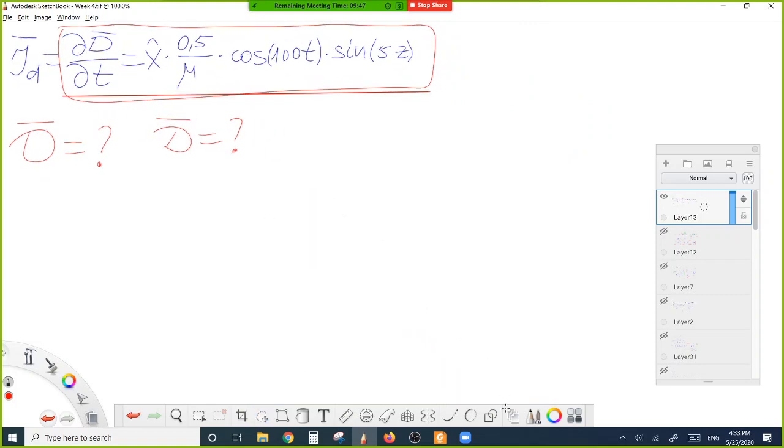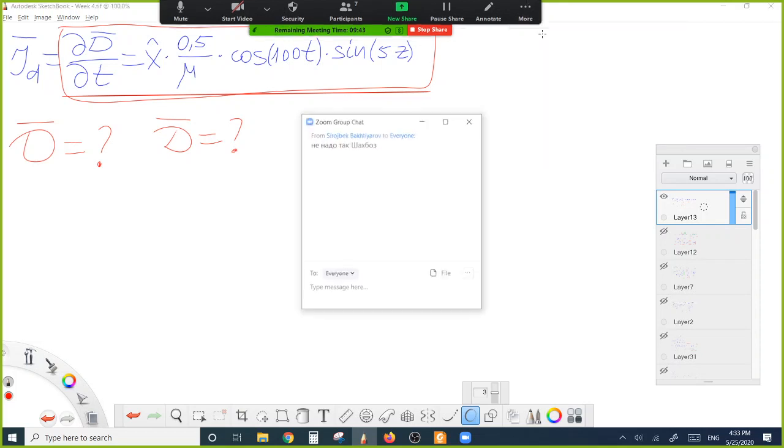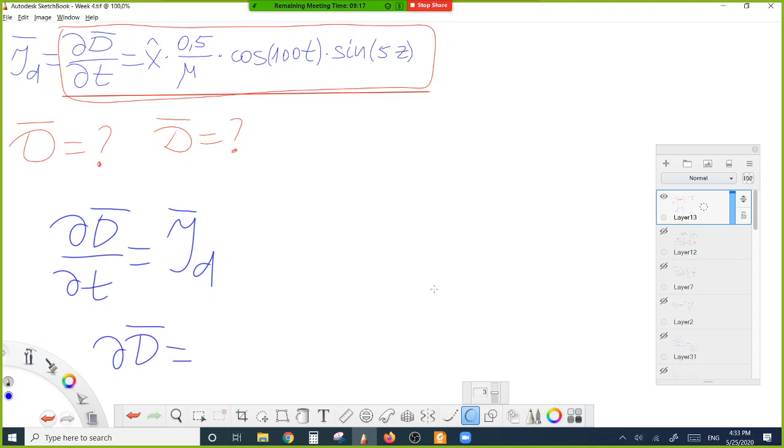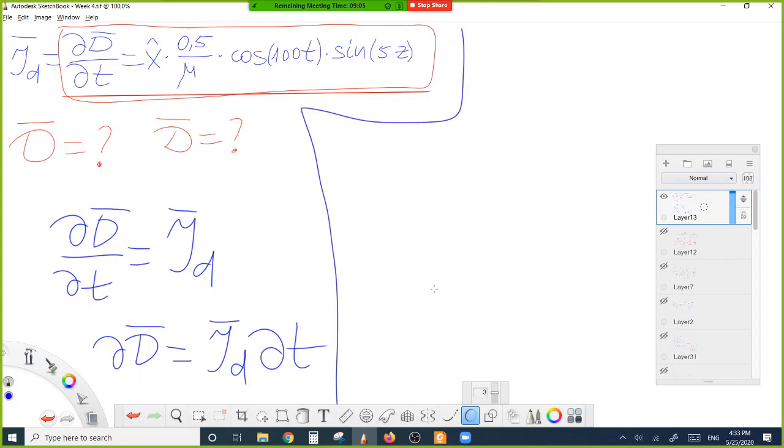We said dD over dt is equal to JD, so dD is equal to JD dt, and the electric flux density D itself will be equal to the integral of JD by time, integral of JD by time.